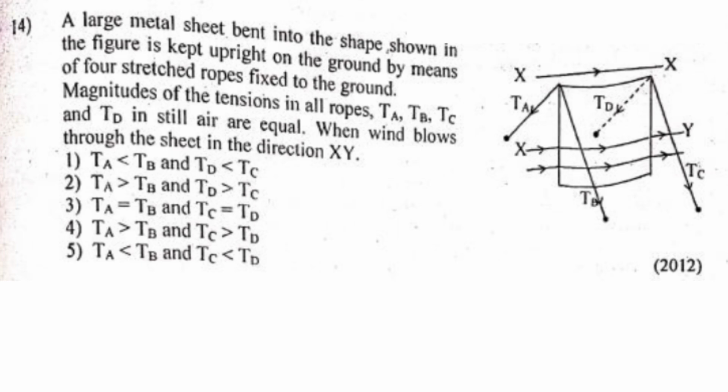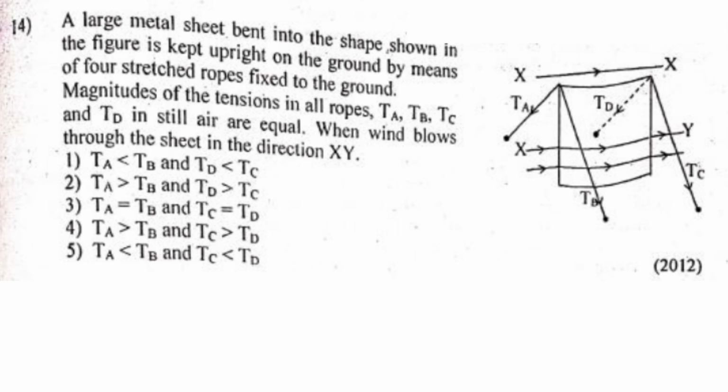A large metal sheet bent into the shape shown in the figure is kept upright on the ground by means of 4 stretched ropes fixed into the ground. The magnitudes of the tension in all ropes TA, TB, TC, TD in still air are equal.